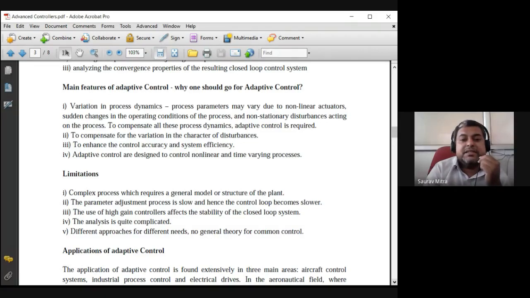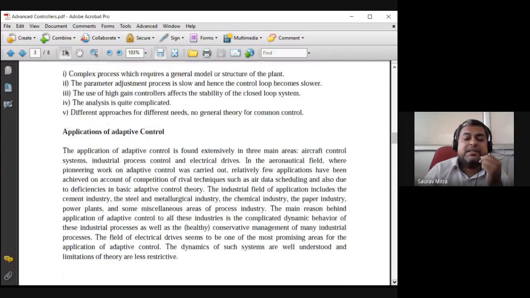Then limitations. Complex process, obviously, the parameter adjustment block is a kind of decision making block. So you can say all this decision can be done in the cloud. We are in the age of cloud computing. There is a vehicular ad hoc network, which throws all the data directly to the cloud, the decision is made in the cloud, and the controller in the vehicle is asked to work accordingly.